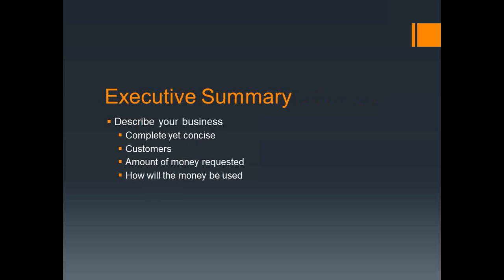Okay, the executive summary. I know many of you realize that this would probably be written last, but as far as the executive summary goes, we want it right after the front page, so to speak, which will have the name of their business on it, not their names, not your school. Right after that, we'd like to see the executive summary.